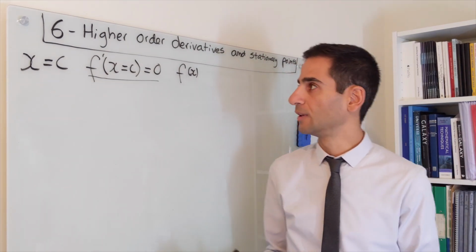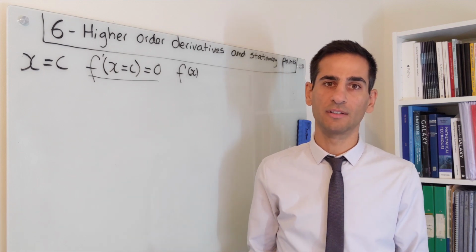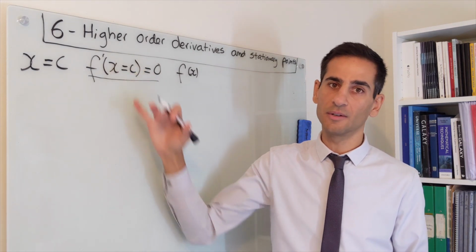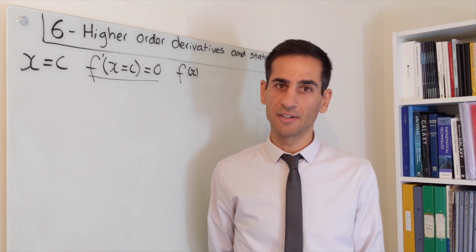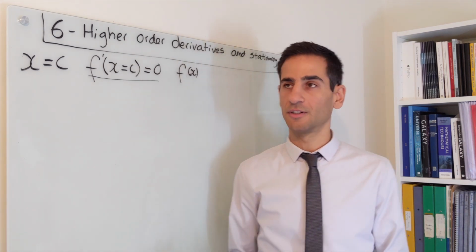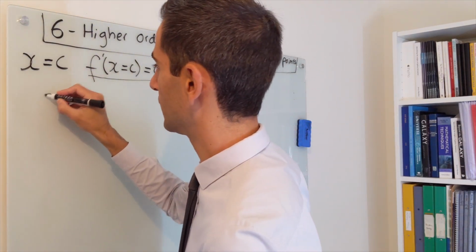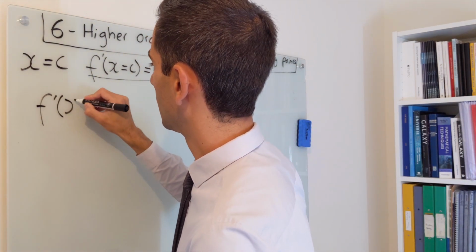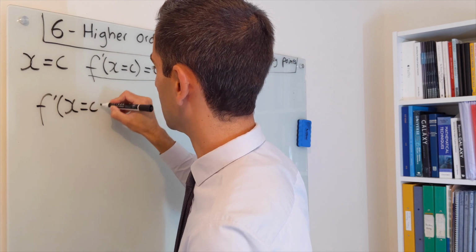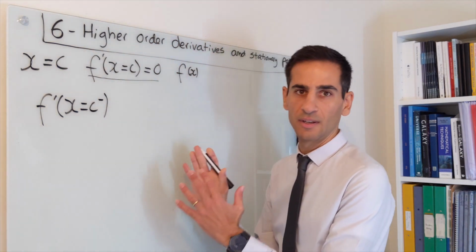What we're going to do is, first of all, we know that the derivative is 0. This will be true for any stationary point, regardless of its nature. But what we want to find out is essentially what the derivative is doing around x equals c, from values which are just below c.